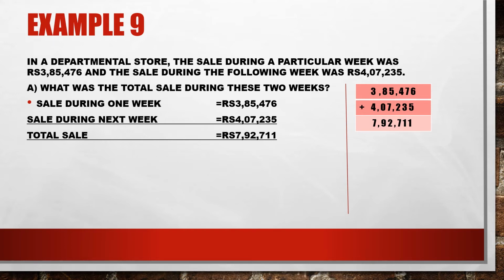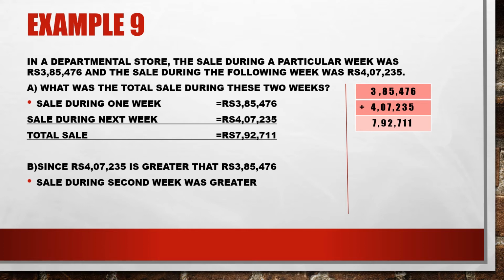Next, B, since rupees 4,07,235 is greater than 3,85,476, so sale during second week was greater. So we see that sale during second week was greater. Why we can say it? Because when you minus 4,07,235 with 3,85,476, we have 21,759.